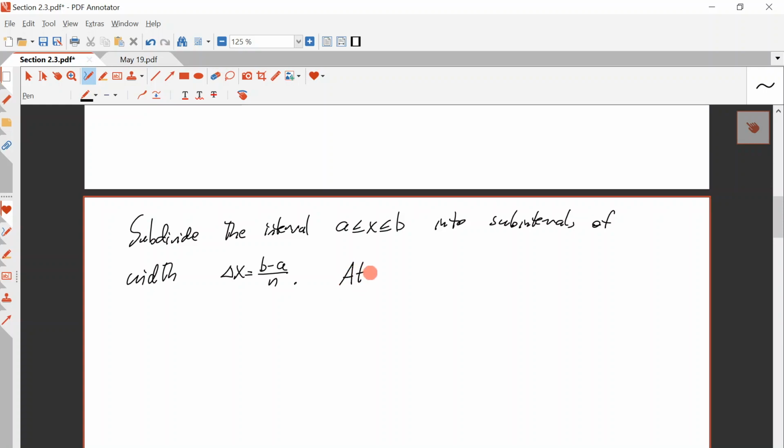So at x_i, define a cylindrical shell as shown.